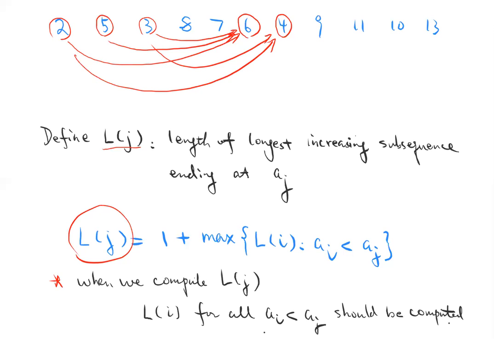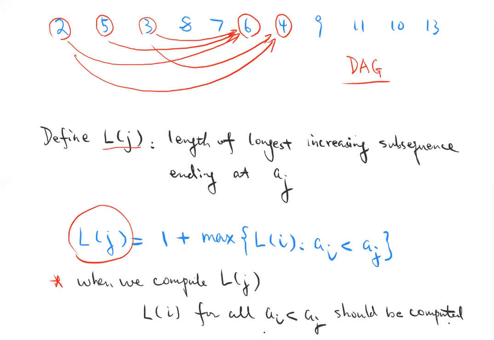All right. So what we get? Here we get a DAG. For this particular problem, the graph we obtain, if we draw this diagram, is a DAG. All right. Now we use this DAG.